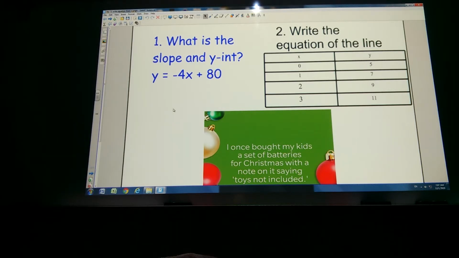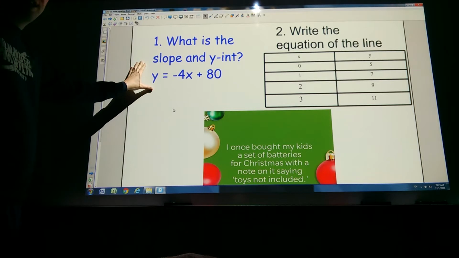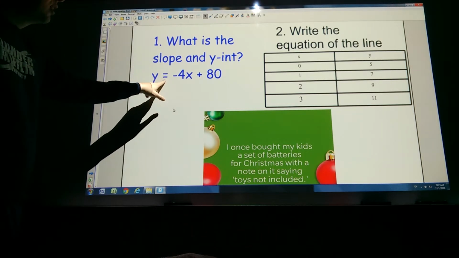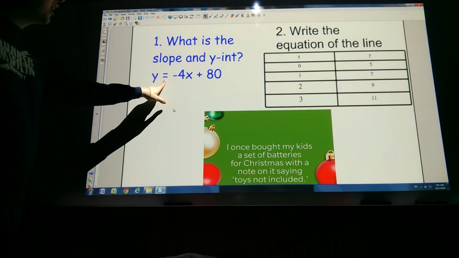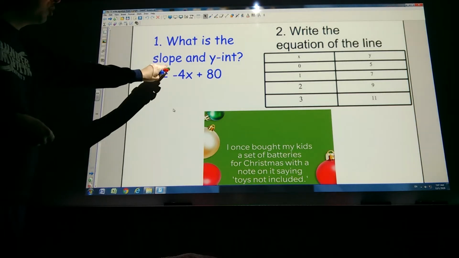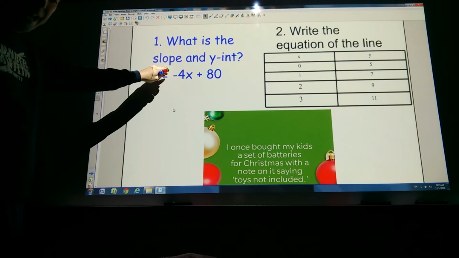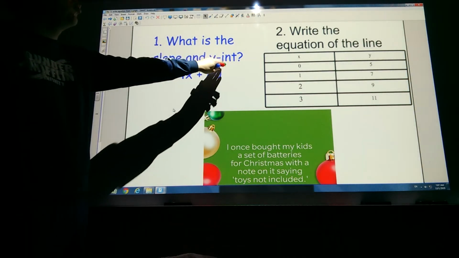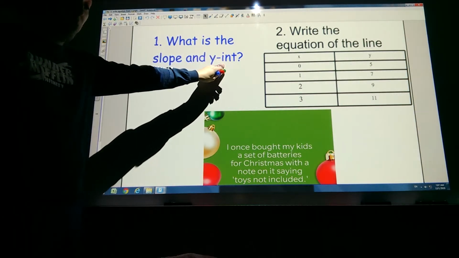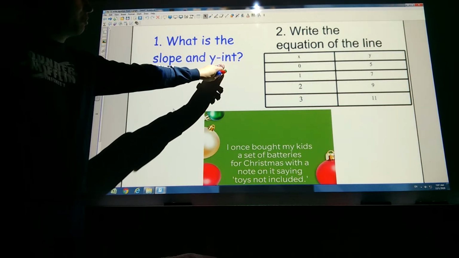Alright, here we go. So we've been talking about lines. This is a line. It has y equals. That tells me two things. It tells me the slope, how fast something goes up or down, and it also tells me the y-intercept, the starting point of where this line begins.